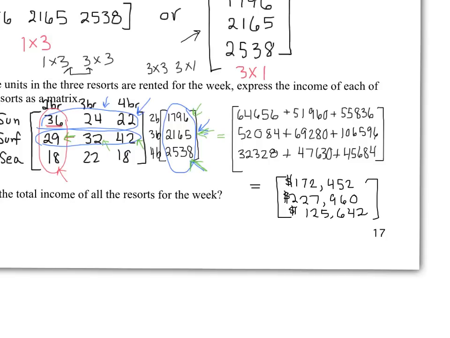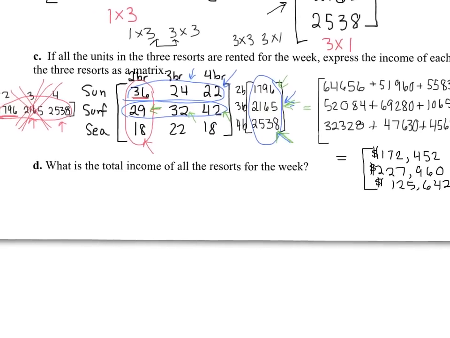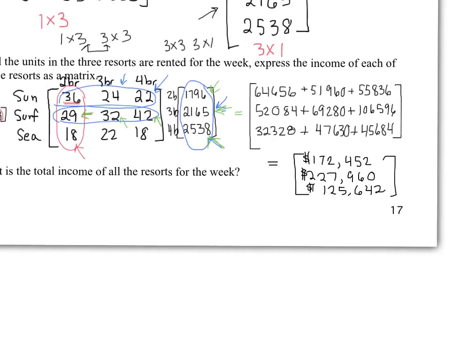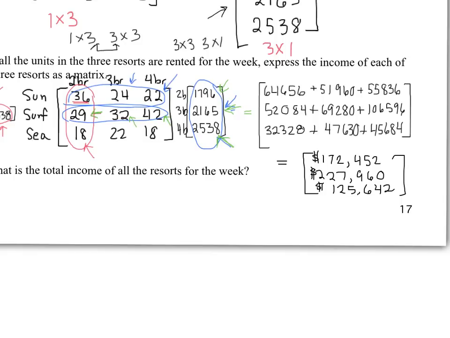Okay, so part D then asks us what is the total income of all the resorts for the week. I'm just going to take these 3 amounts that I found in this matrix for part C, and I'm going to add up those values. And I get $2,576,054 for the week.